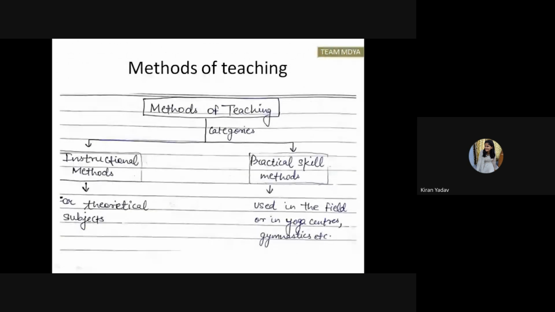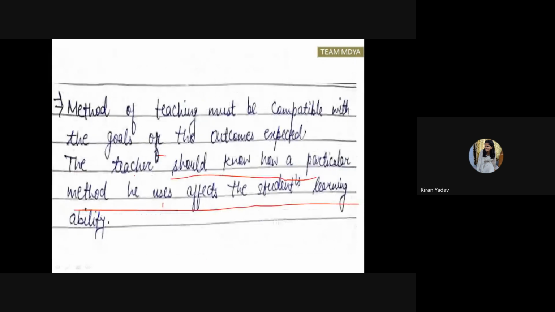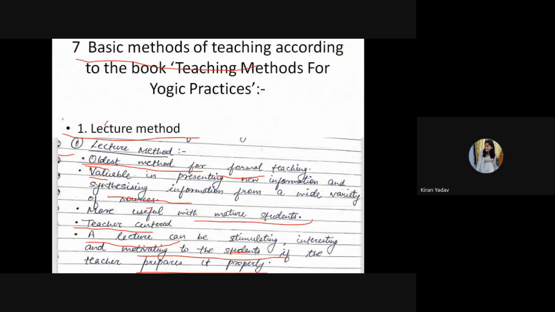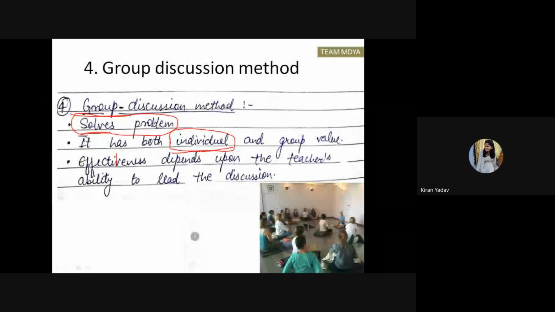We categorized methods of teaching into instructional and practical skill methods. We read the 6 classroom methods and 2 approaches, teacher centered and student centered. Next, the seven basic methods of teaching, out of which we learned the lecture method, response to instruction method, individualized instruction method, and group discussion method. The rest we will do tomorrow.